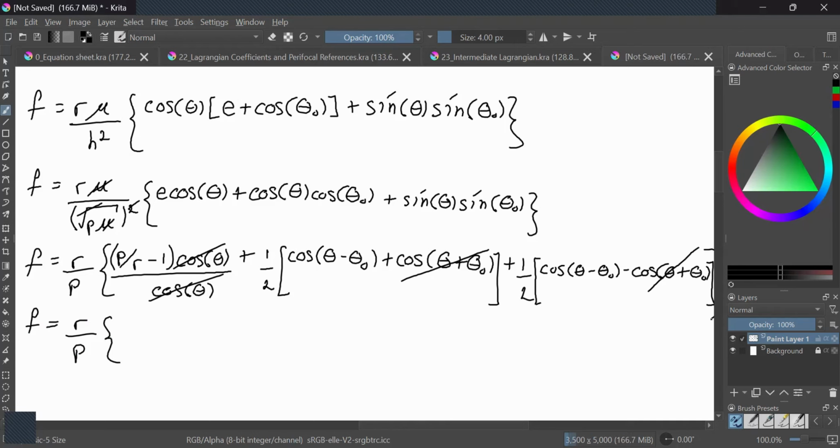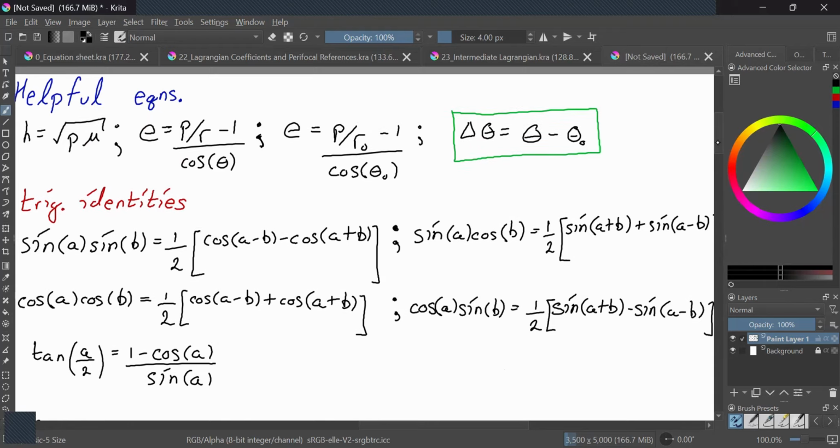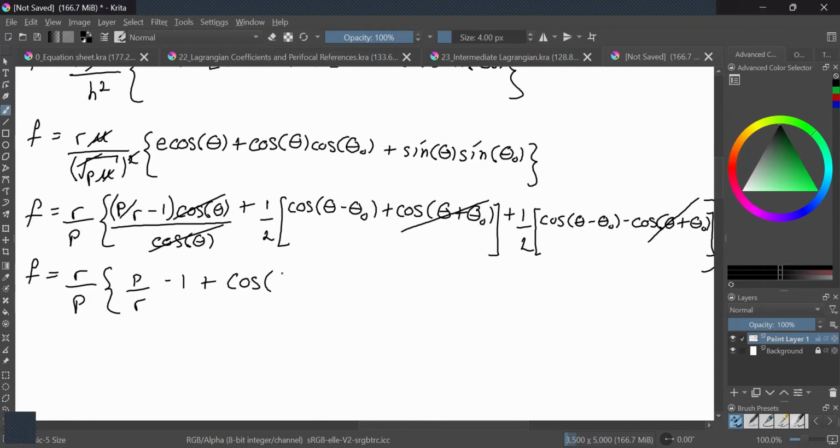Realize that with the bracket off over here, not that it matters. That is going to become R over P times the quantity of P over R minus 1 plus cosine of, and I have already written theta minus theta naught as delta theta, so let's go ahead and put in delta theta here.